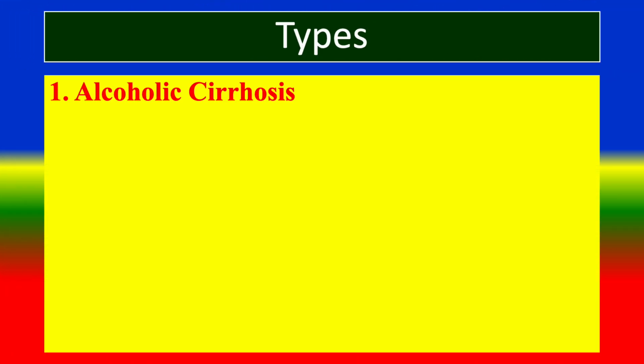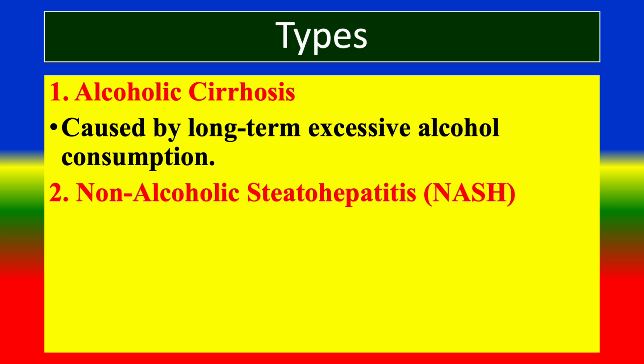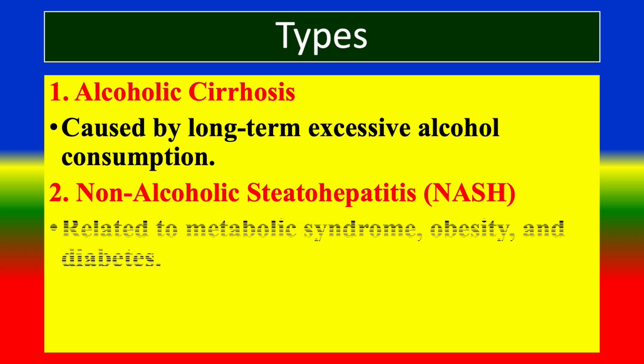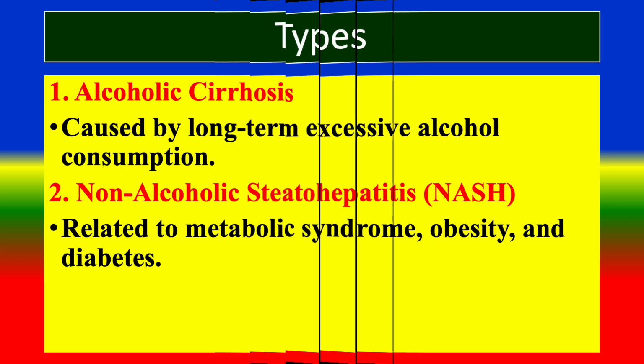Types. 1. Alcohol cirrhosis, caused by long-term excessive alcohol consumption. 2. Non-alcoholic steatohepatitis, related to metabolic syndrome, obesity and diabetes. 3.